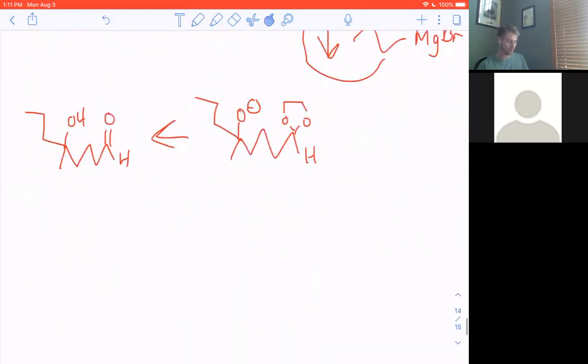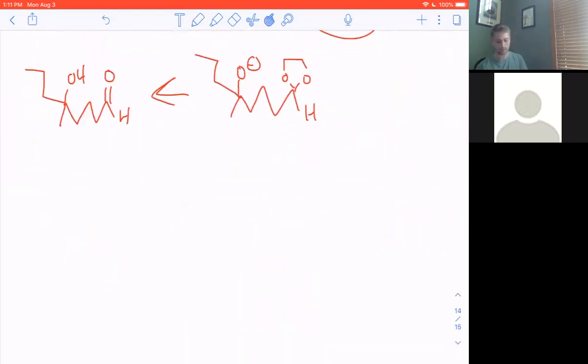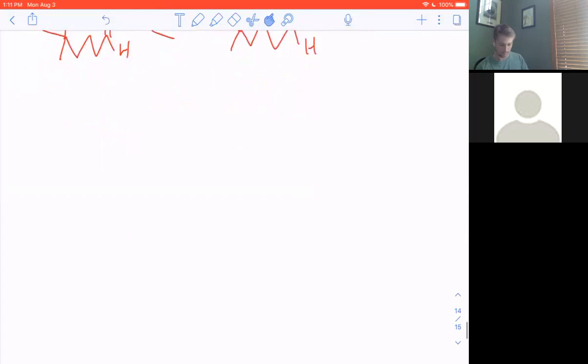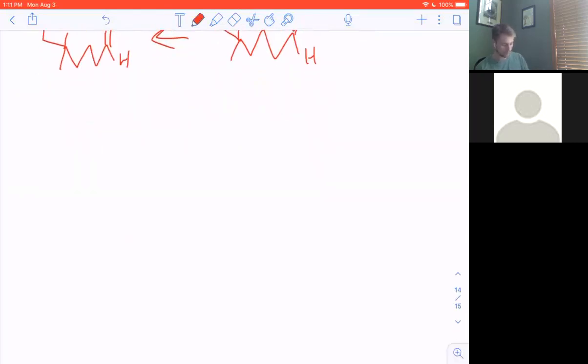Okay, and so the next part just wanted you to write out the mechanism for this. And basically, for the formation of the acetal, I'm just going to use R and zoom in on that one area. If you have any more specific questions, let me know.